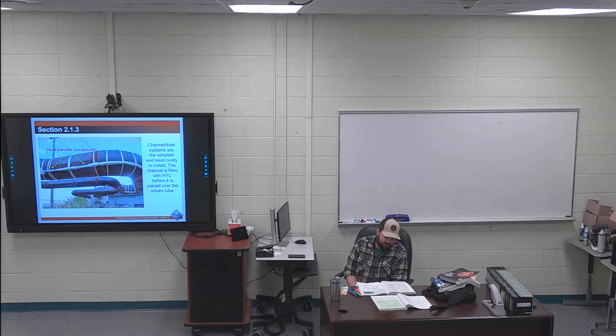Steam tracing today, 213, page 19, first full paragraph, or that little middle paragraph. First sentence has two questions come out of it. The least costly alternative and simplest to install is the channel 2 conduction steam tracing system, which is what's up here on the board. This is the cheapest version of heat tracing to install.